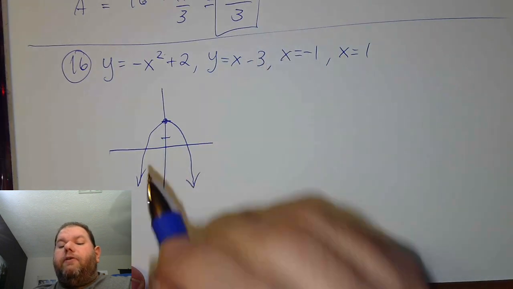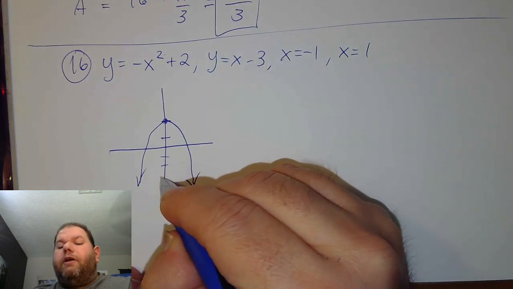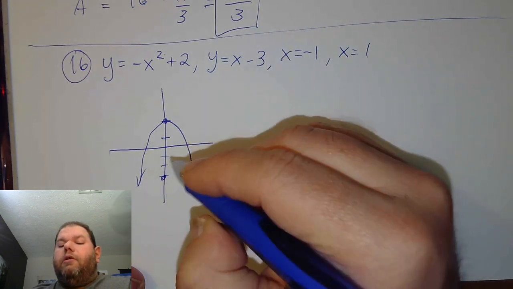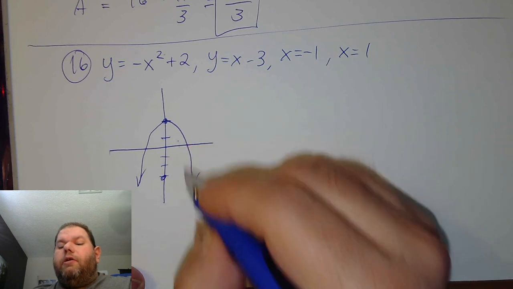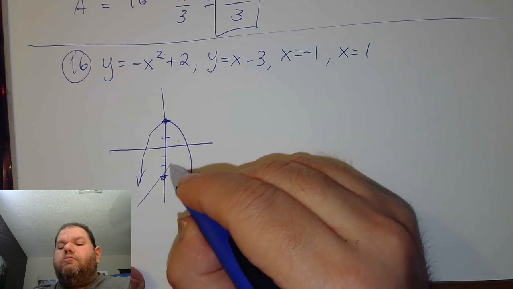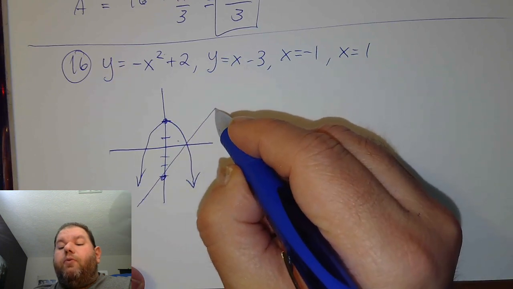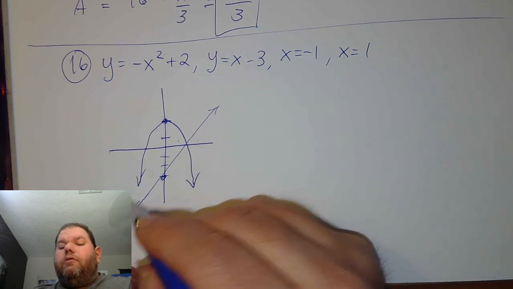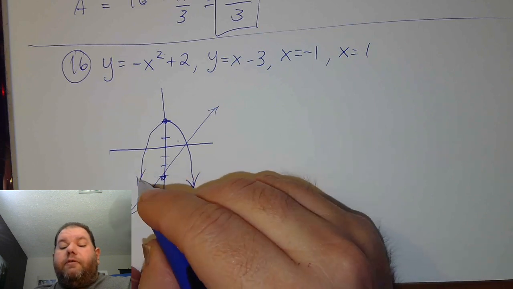And then x minus 3 means it has an intercept of negative 3, but just a slope of 1. That's not perfect, but it's good enough.